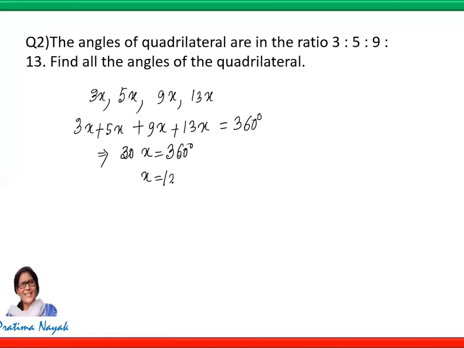So x is equal to 12 degree. Then you will get 3x is equal to 36 degree, 5x is equal to 60 degree, 9x is equal to 108 degree, and 13x is equal to 156 degree.